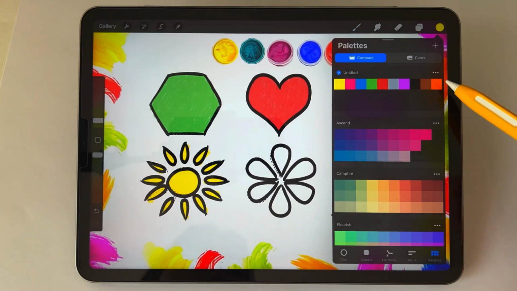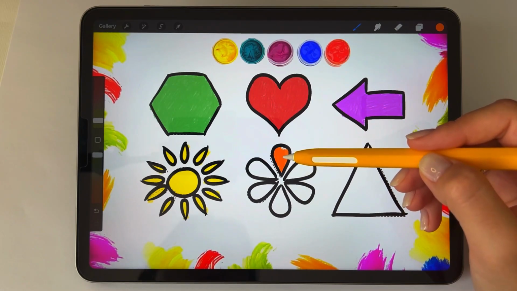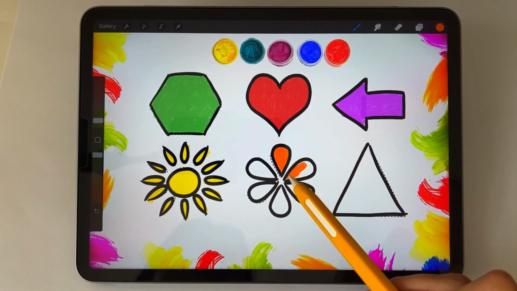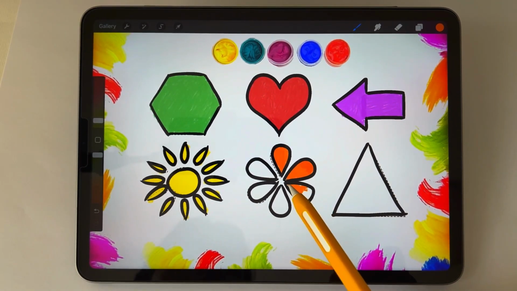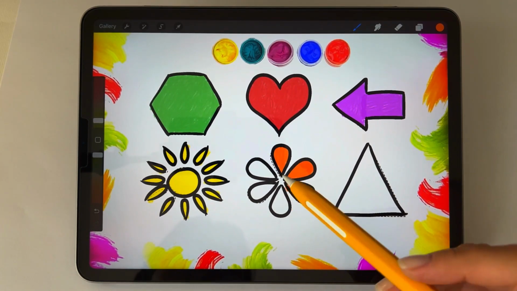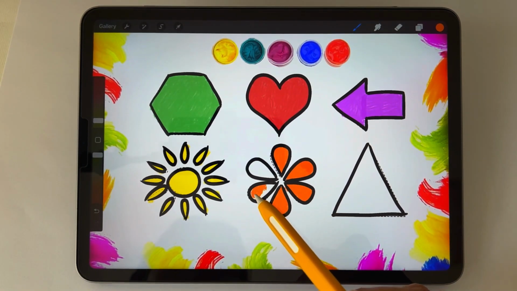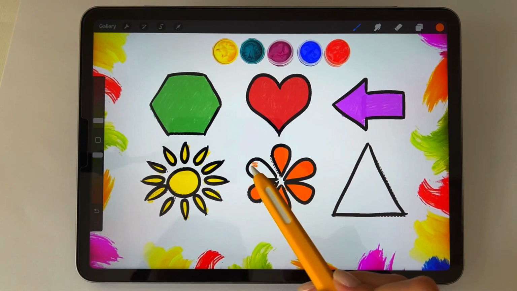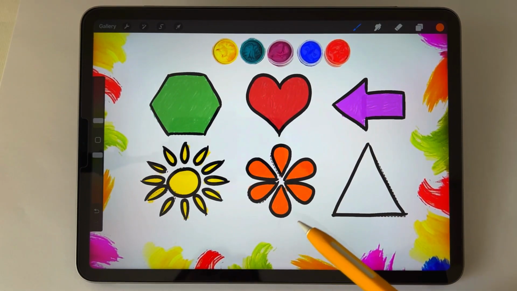For the flower, I am taking orange. And we have an orange flower.